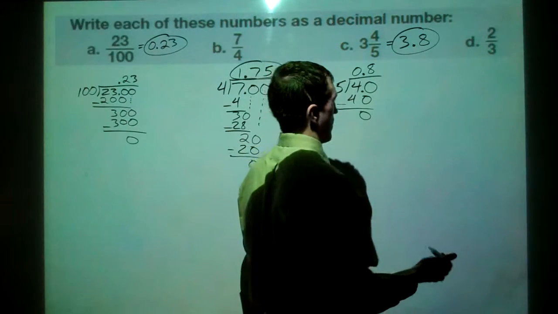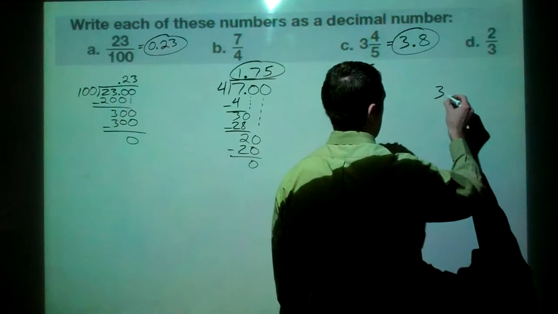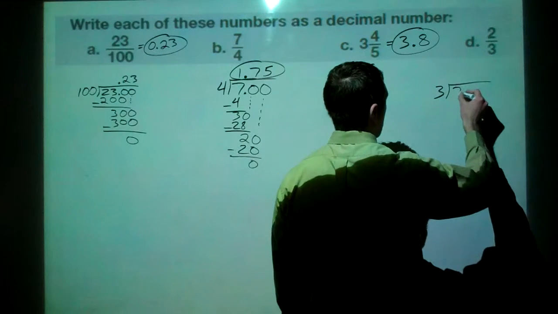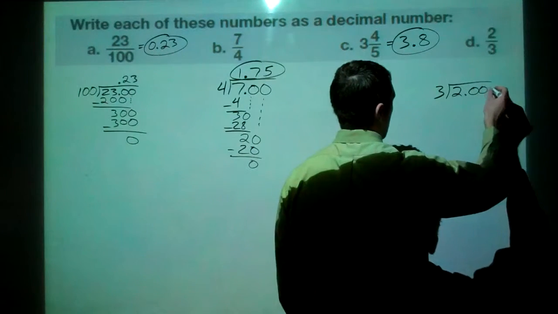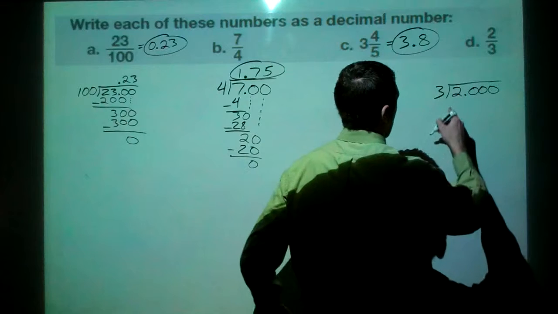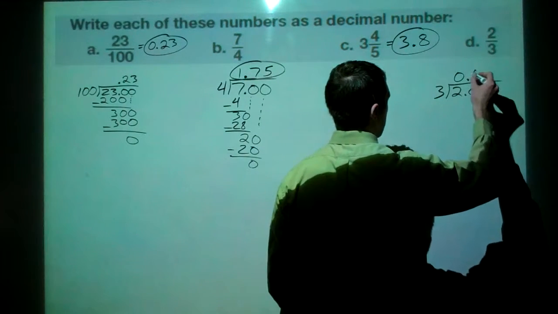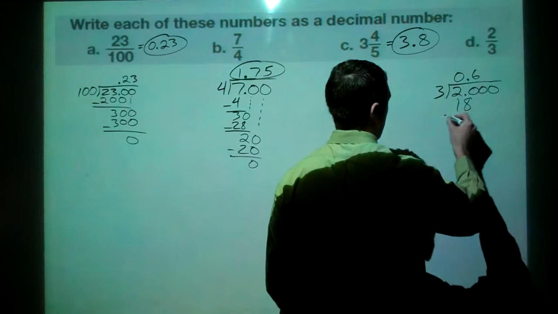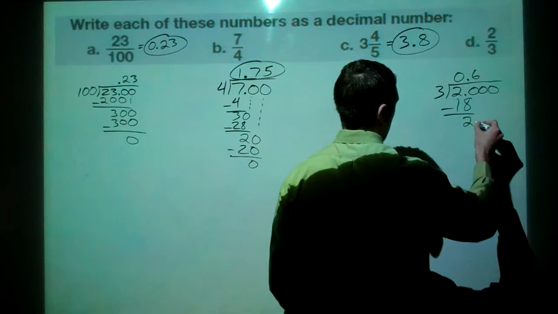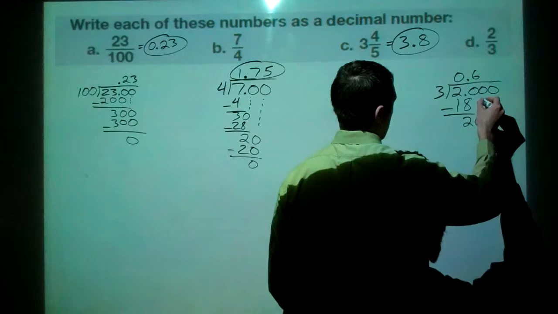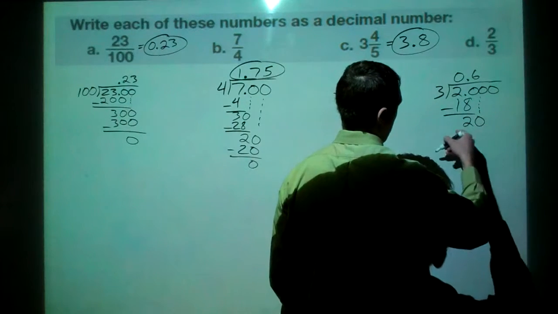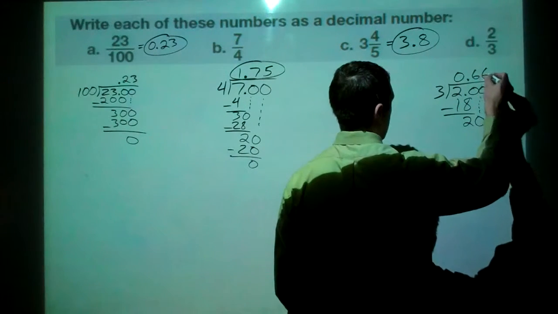And 2/3, do that one real quick. This one I can tell you we'll get a repeated decimal. So let's see what that's going to be. 3 does not go into 2. 3 goes into 20 6 times. 6 times 3 is 18. Subtract, we get 2. Bring the 0 down, we get 20. 3 goes into 20 6 times.